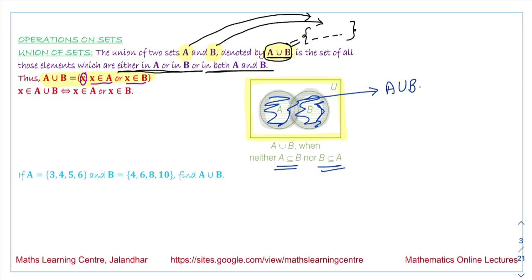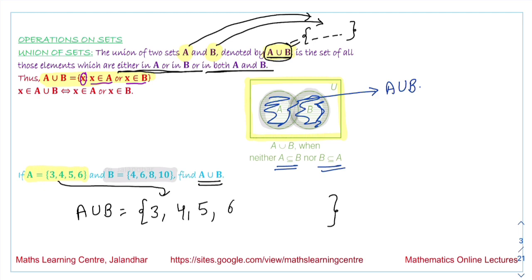Two sets are given to us. One is the set A equal to {3, 4, 5, 6}, and the second is the set B equal to {4, 6, 8, 10}. We have to write A union B. A union B is a set, and it consists of all the elements of A and all the elements of B. So we first list the elements of A: 3, 4, 5, 6.